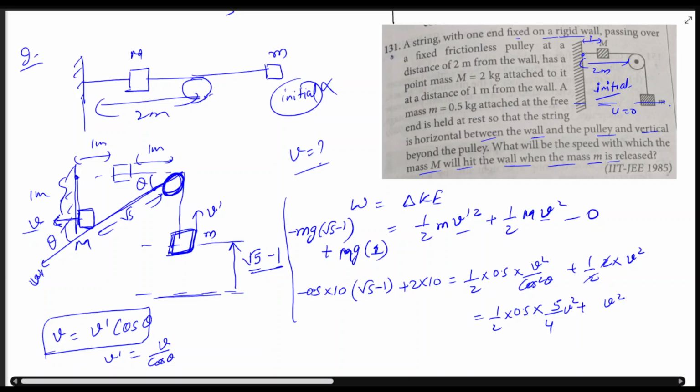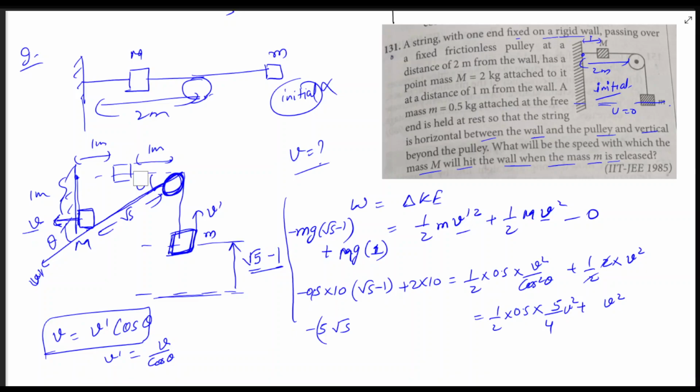Now let's just solve the bracket also. So this will get cancelled. So we'll have minus 5 root 5 plus 5 plus 20.